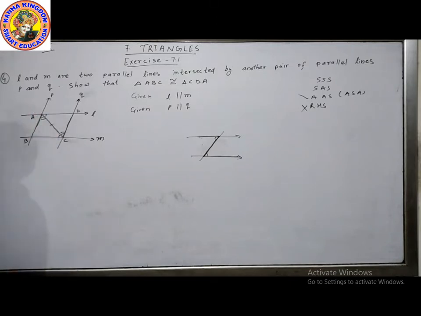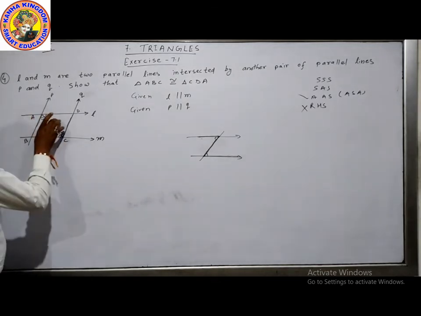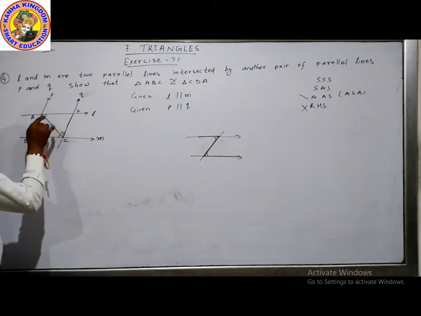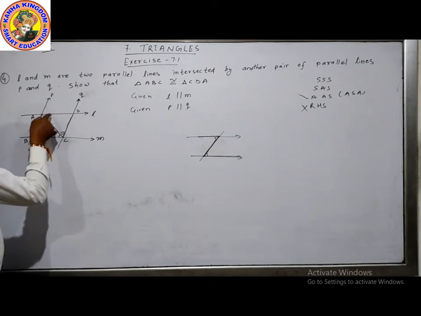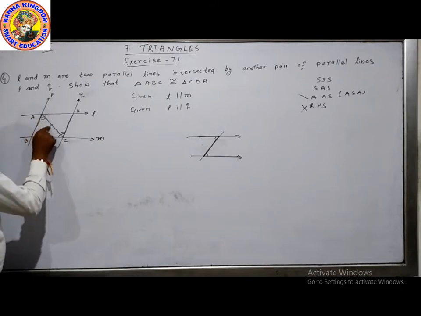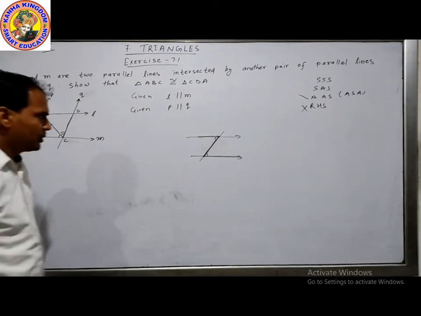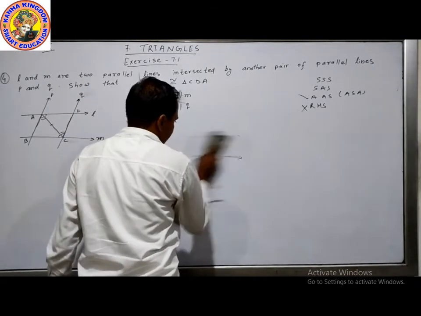There are two triangles. We have to prove these are congruent. First of all, this angle and this angle are equal. This is a common side. This angle and this angle are equal. Using the ASA rule, we can say that these are congruent triangles. Now we have to prove this in the diagram.